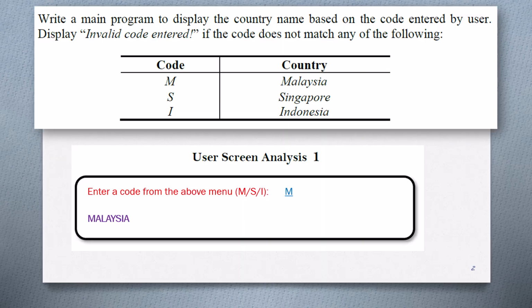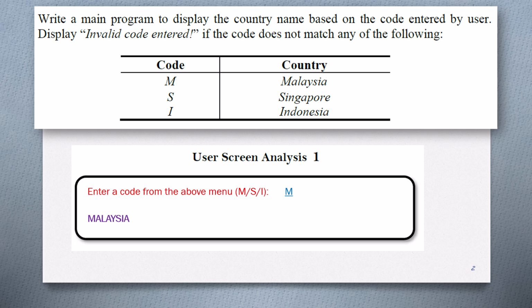It asks you to write a main program to display the country name based on the code given by the user. So if the user entered, for example, the code M, then we will display Malaysia.